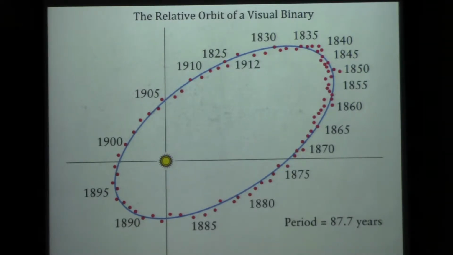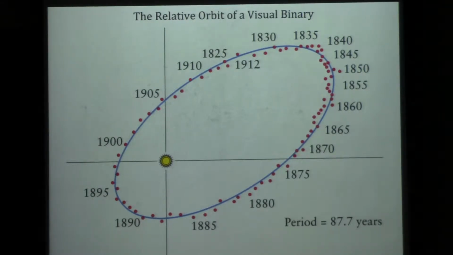I'm guessing that the later work wasn't done by the people who started it. And if it was, I'm very impressed by the people that started it. They must have been exercising and eating right. But in any case, the period is 87.7 years. So if they started when they were 20, they were 107.7 or something like that.